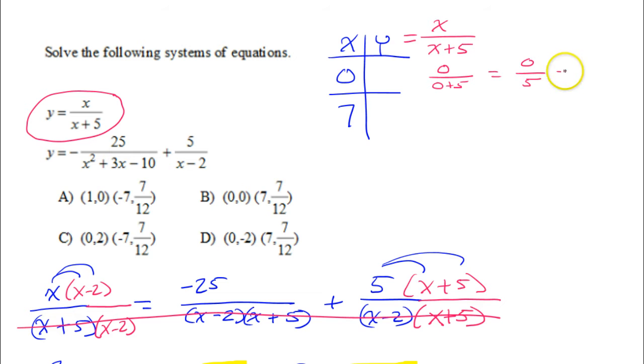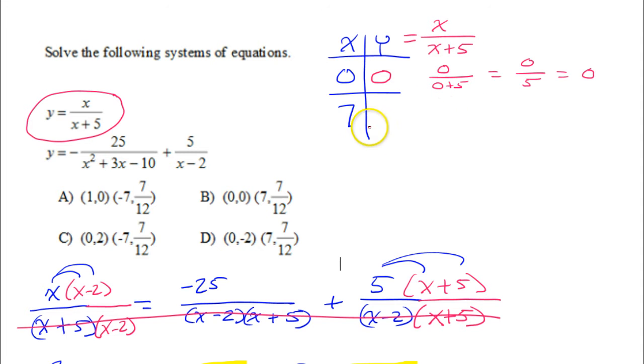Well, 0 divided by 5 is 0. 0 divided by anything is 0, except for 0. So that means I have the point 0, 0. So that's how you would do it by hand, which probably is the simplest way to go for a problem like this.